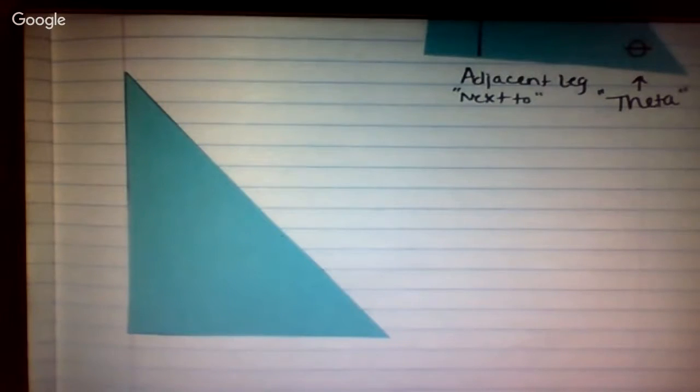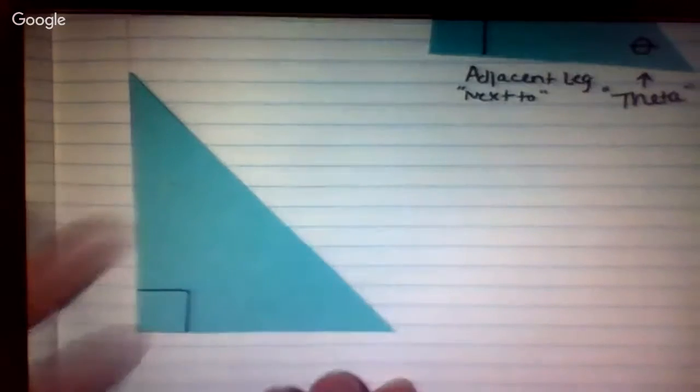Okay, notice the triangle that you glued in at the bottom. The triangle that you have at the bottom is also a right triangle. Your hypotenuse will never change. It is still the one that is directly across from the right angle.